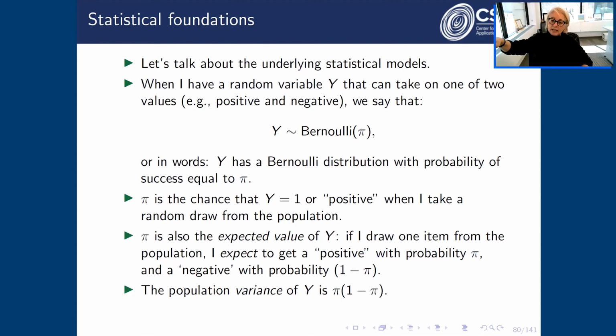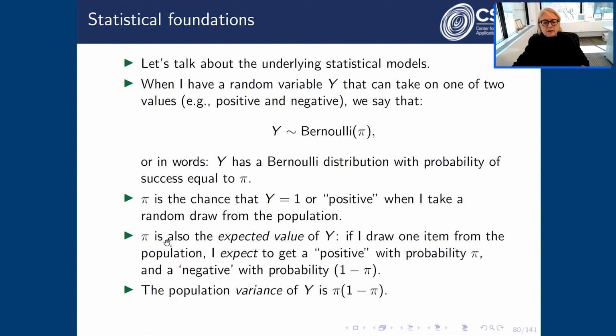Then if I stick my hand into that bag and draw one Y, I have a probability pi of observing a positive Y and a probability 1 minus pi of observing a negative Y. So this is a very basic statistical model.